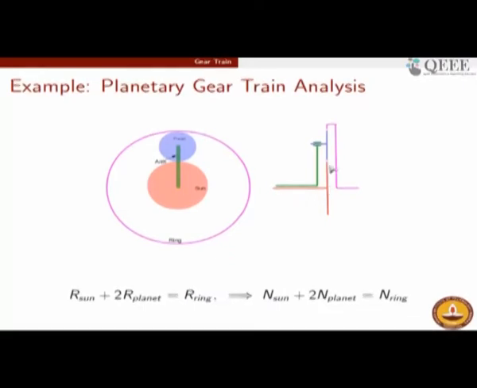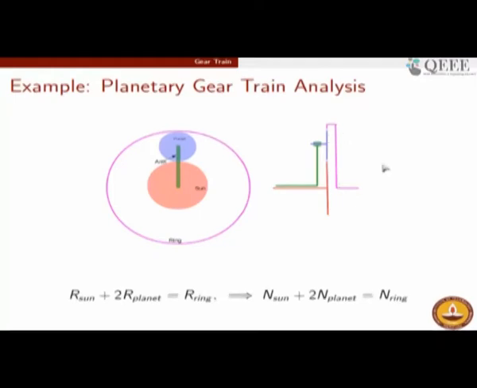So here we see that there is a sun gear, there is also a planet gear, and if you carefully see this green line, it shows that the planet gear is mounted on the carrier or the arm, right? This green portion is the arm. In front view it was the arm, so I have kept it that way even in the side view, and this is denoting that within a bearing on the arm, the planet gear is mounted, and the planet gear is also meshing with this magenta object, which is the ring gear.